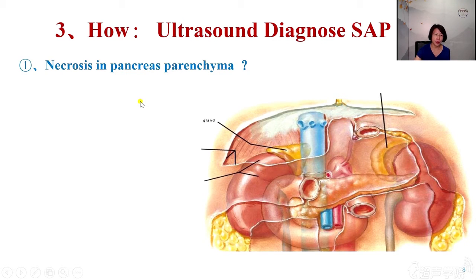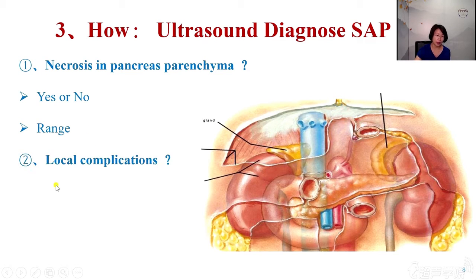The first key point is to find is there any necrosis in pancreas parenchyma. If yes, what's the range? Less than 30% or more than 50%. The second key point is there any local complications? If yes, where and what?